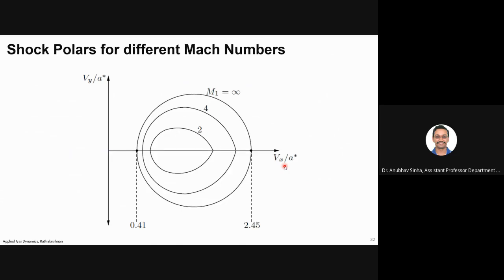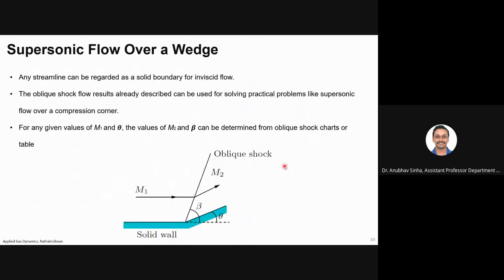Now let us talk about supersonic flow over a wedge. It is basically analogous to when you have a pointed projectile. A pointed projectile is basically, you can say, you take this and revolve it, make a 3D revolution. Then it will have a similar type of behavior that we will see.